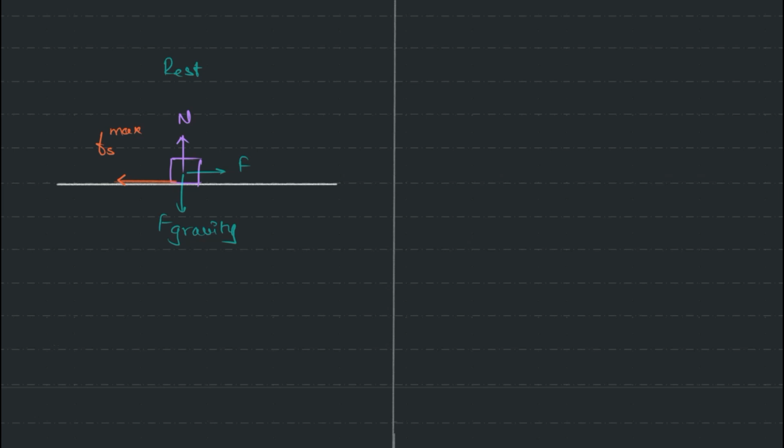Now, if I redraw the angles, taking N and Fs max, guys, this can be any measure. This is not a typical scenario, I just drew it randomly. So there will be a resulting force, somewhere around here.